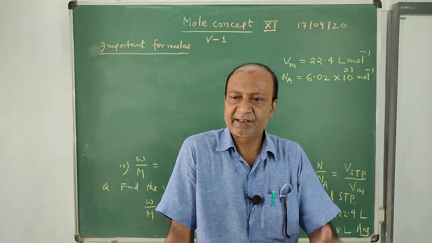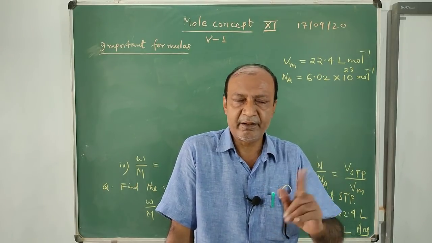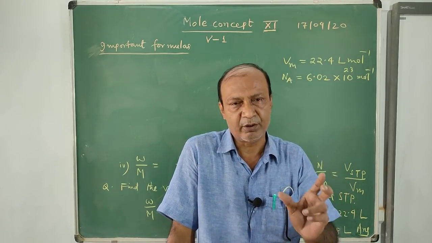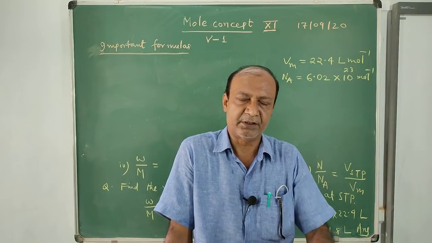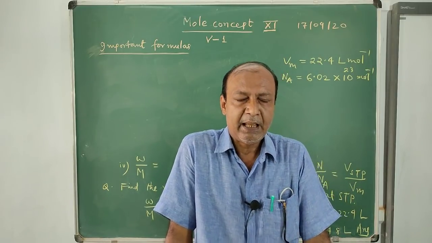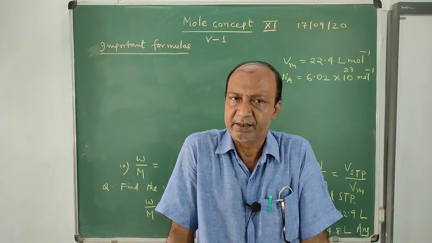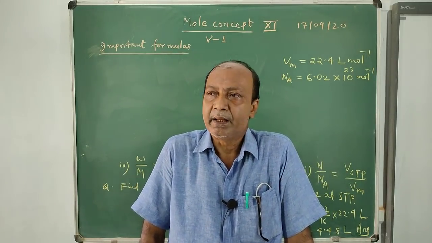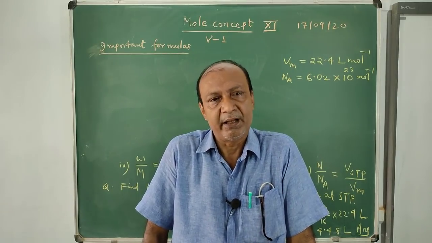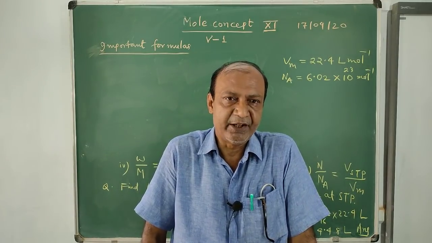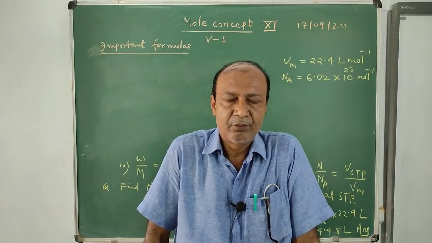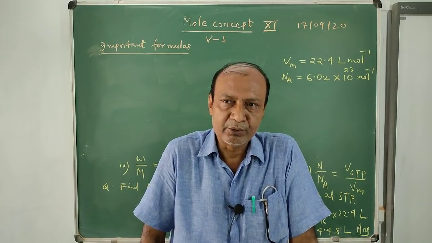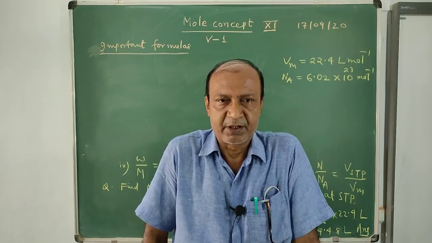So mole can be interrelated with volume at STP for gases or vapors, amount of the substance in gram or kilogram, and number of particles present in the substance. Number of particles means atoms for monoatomic elements, ions for ionic substances, and molecules for covalent substances.